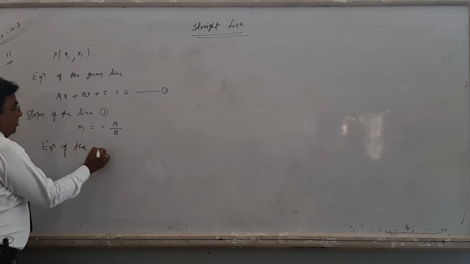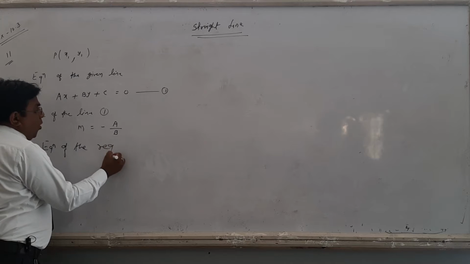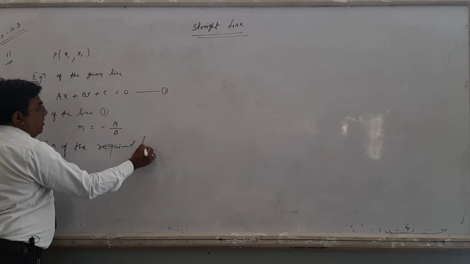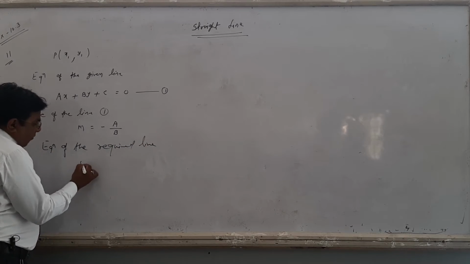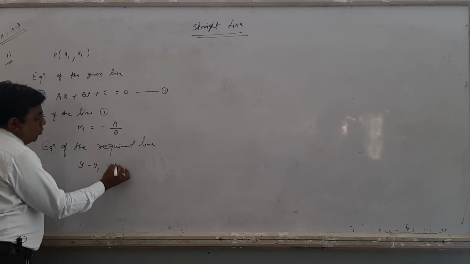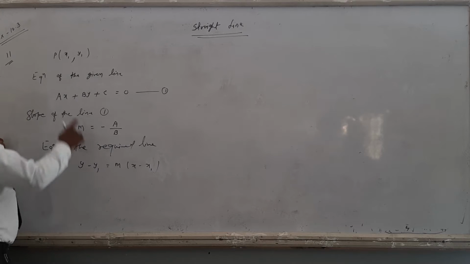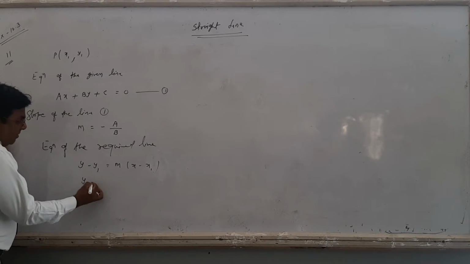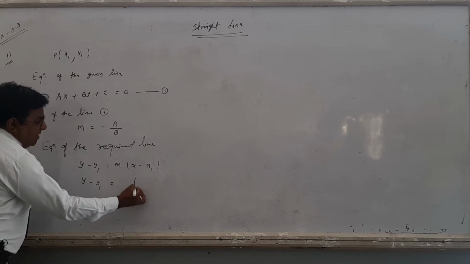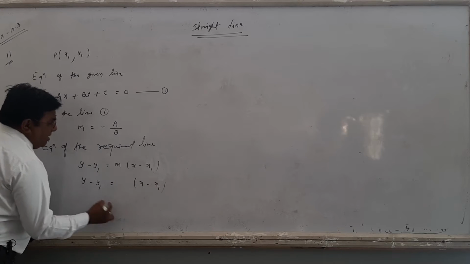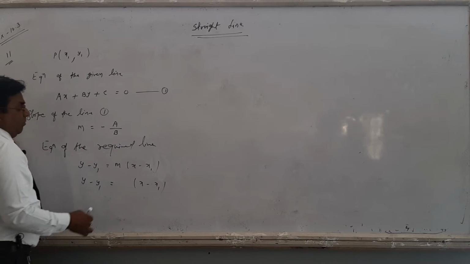The equation of the required line: the formula is y minus y1 equals m times (x minus x1), when the point (x1, y1) is given. But the slope m is minus A upon B. Why?